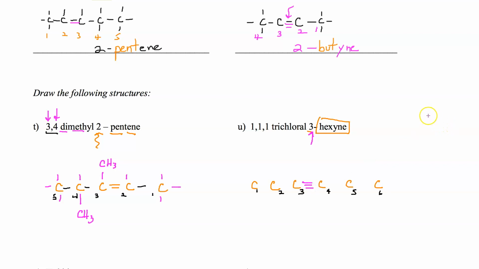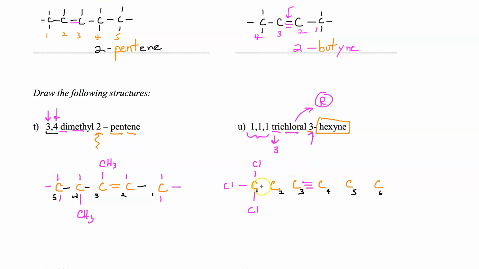All right. Now, the first carbon, if this is the third carbon for the triple bond, that takes precedence. This is now the first carbon, and I have a trichloro. Chloro is on Table R, and that's a Cl. And I have 3 of them, all on the what? Same number 1 carbon, so that becomes chlorine, chlorine, chlorine.